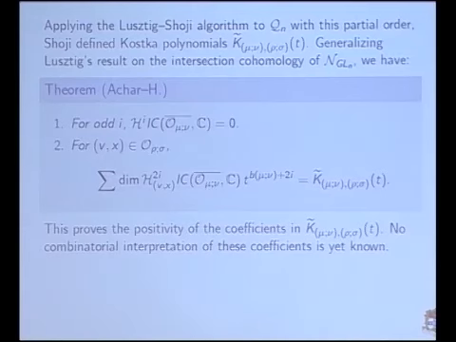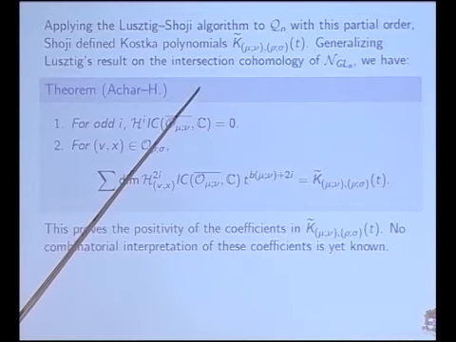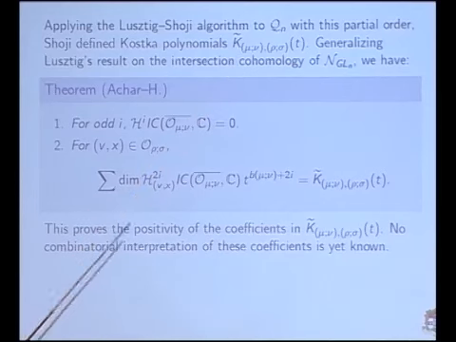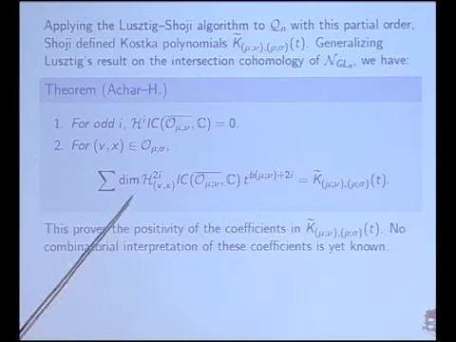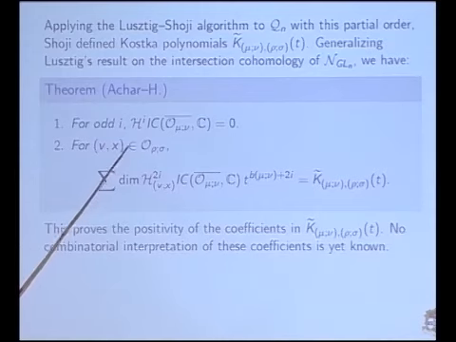It produces some polynomials, and they generalize the Kostka polynomials, which is what happens if you do it with the poset of partitions of n. And just like Kostka polynomials in the type A case give you intersection cohomology of nilpotent orbit closures, we proved that Shoji's Kostka polynomials, which are parameterized by pairs of bipartitions, tell you about the intersection cohomology of orbit closures in the enhanced nilpotent cone.